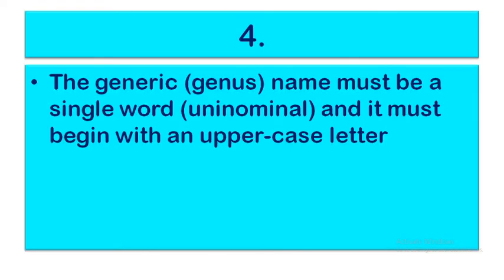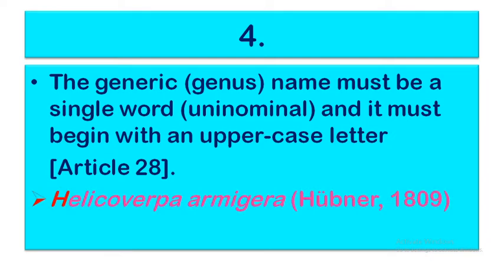Then the generic or the genus name must be a single word. It should be uninominal and it must begin with an uppercase letter, right? So here you can see the reference is given in article 28, Helicoverpa armigera, Hubner, 1809.